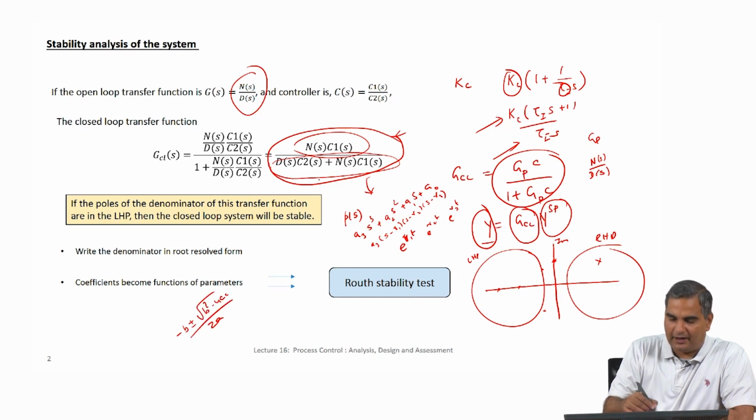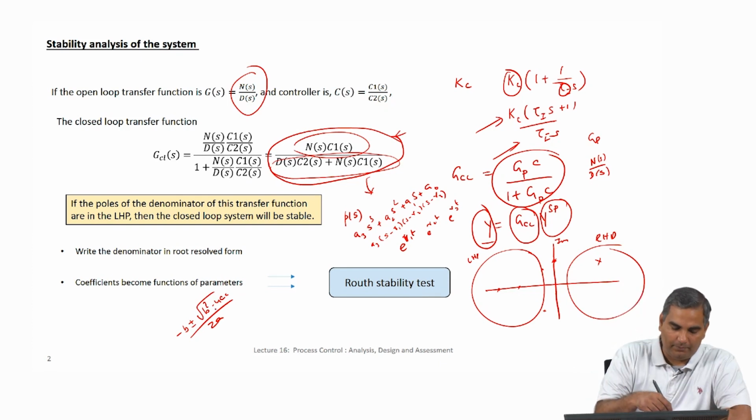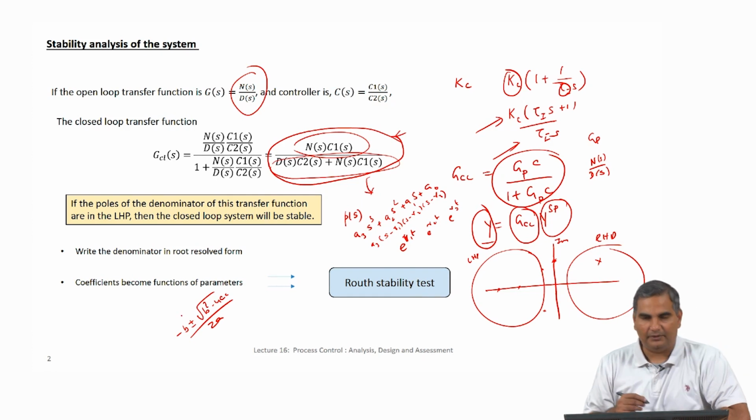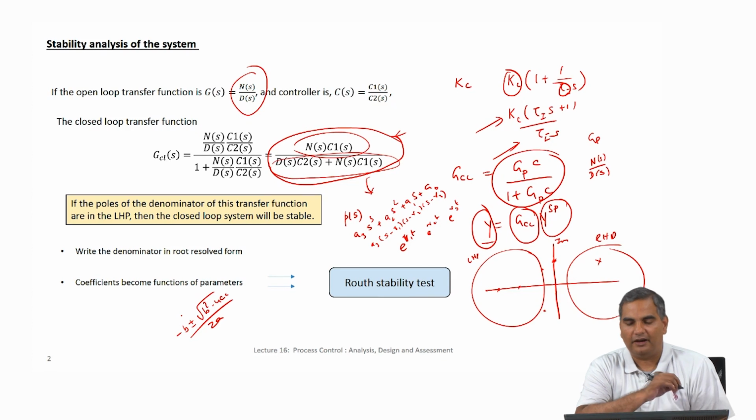So, you might say let me write this polynomial, get the k_c, tau_I, tau_d as b, a, c as functions of those, and then from this I will be able to find out whether the root is going to be in the left half plane or not, and what values of k_c, tau_I and tau_d will retain the roots to be in the left half plane.